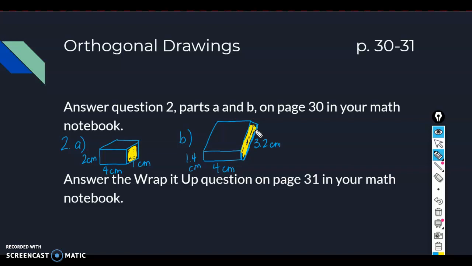As you can see, the shaded portion on 2A should represent the right and left view. On B, the shaded portion should represent the right and left view. Now pause the video and answer the Wrap It Up question on page 31 in your math notebook.